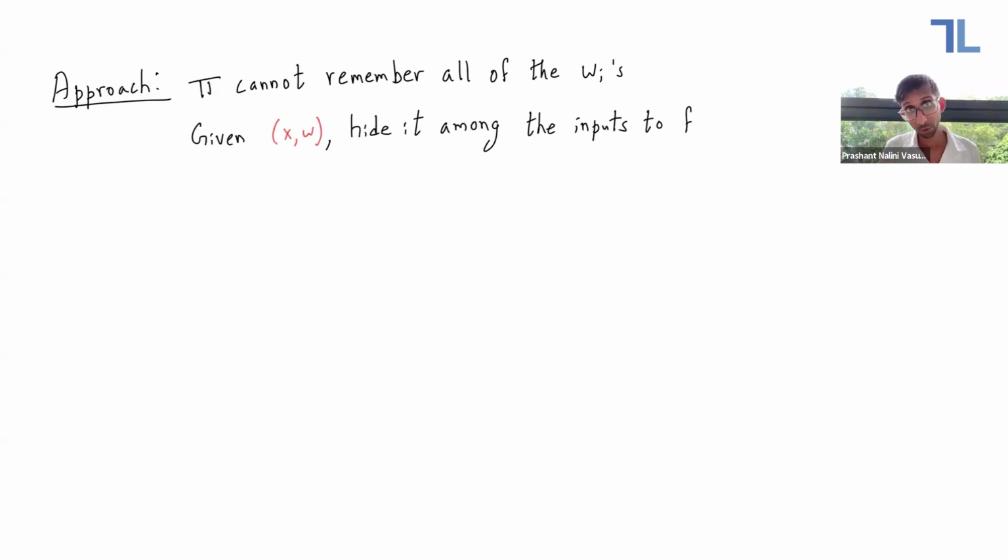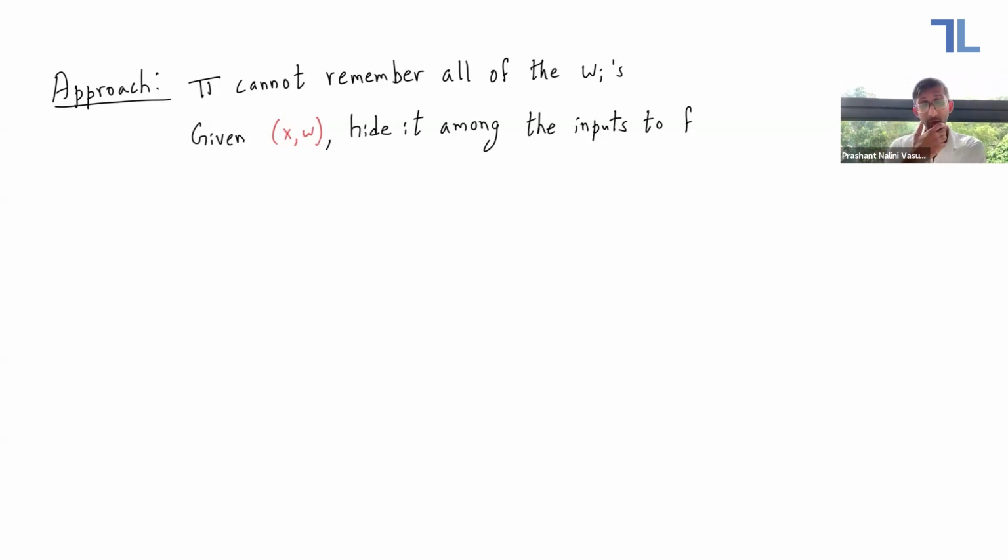And our observation about the batch proof system is that this pi, simply because it's shorter than the number of witnesses, has to be losing information about some of the w's. It may be remembering some of the w's really well, like maybe the first witness is always part of pi. But it has to be losing information about a significant fraction of the w's. Otherwise, it cannot be this short.